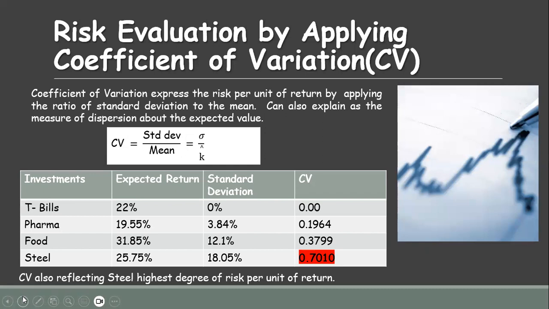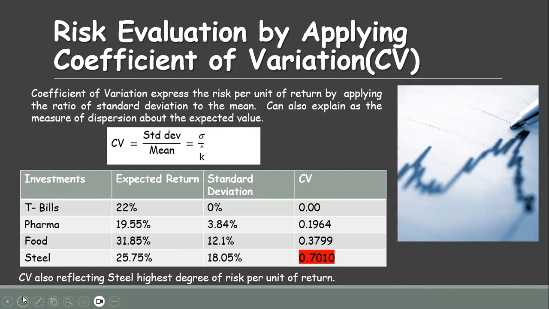The other measure is the coefficient of variance. Coefficient of variance expresses the risk per unit of the return by applying the ratio of the standard deviation to the mean, and can be explained as the measure of dispersion about the expected value. So we have the expected returns and standard deviations here.